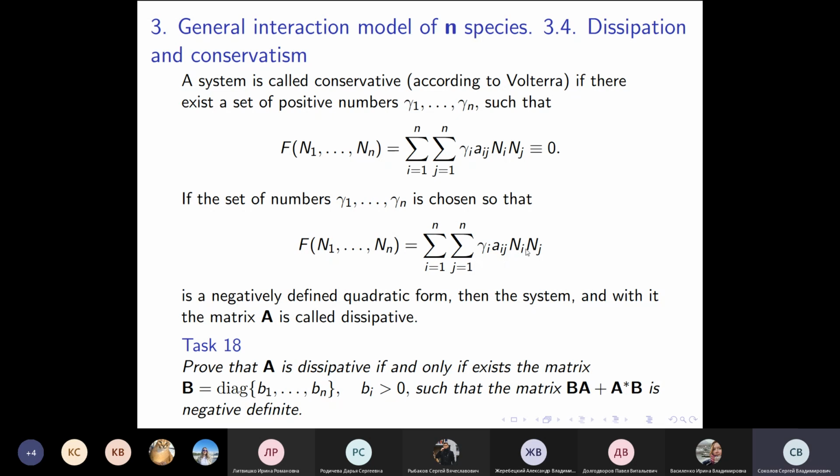So this sum is just the sum over i of Aii times Ni squared. And if Aii is negative, then the whole sum will be negative, and it is a negative definite quadratic form. So the negative identity matrix will be dissipative.